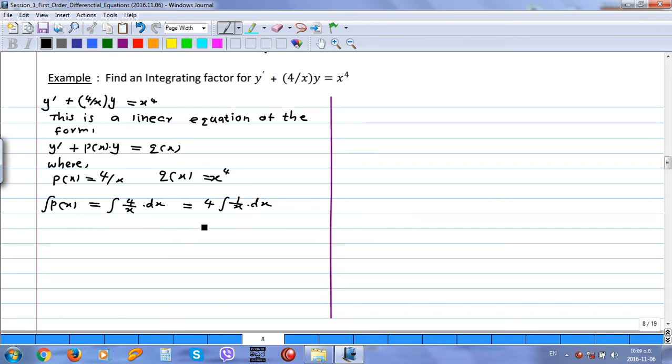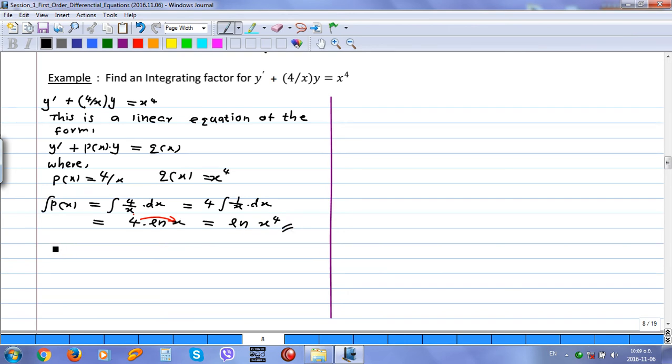So this becomes 4 times ln x. Then you can send the 4 as a power, so you can write ln x to the power 4. So this is the integration of p of x.